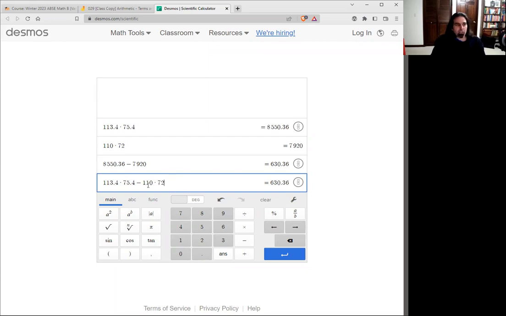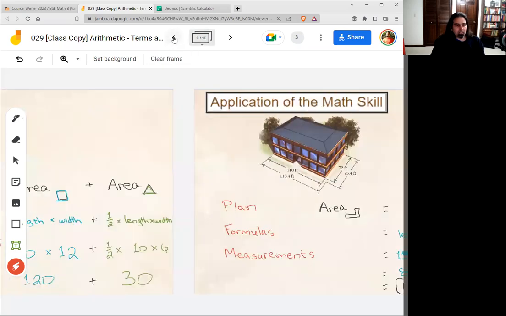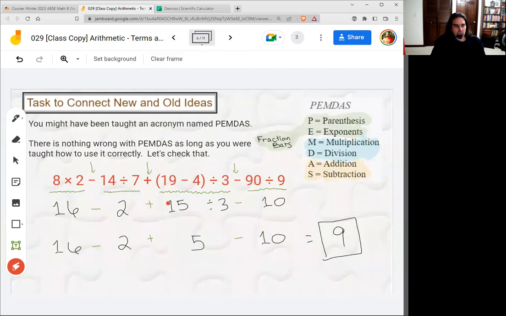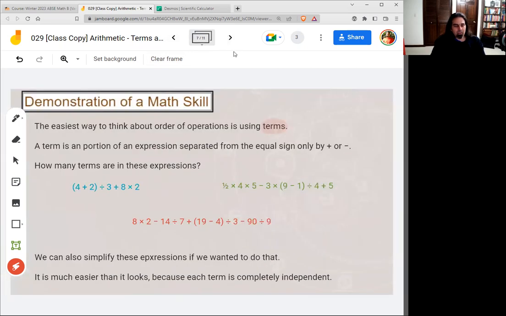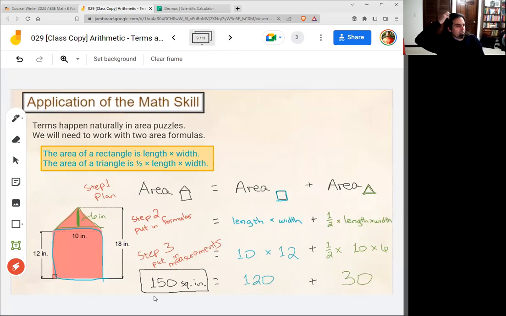And yes, that's true. The calculator can read the whole expression all at once. Even if it's a long one, I could type this whole thing into the calculator and it would give me the same answer that we did. So why do you want to learn these? Just because it will help you when you get to more advanced stuff.